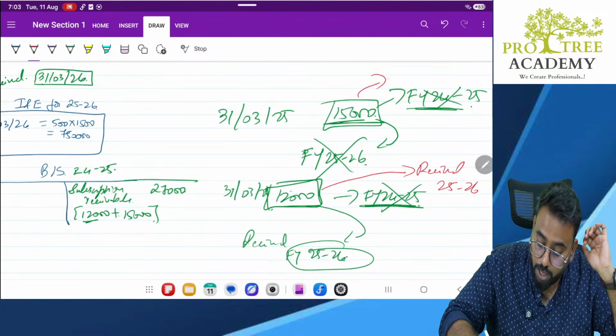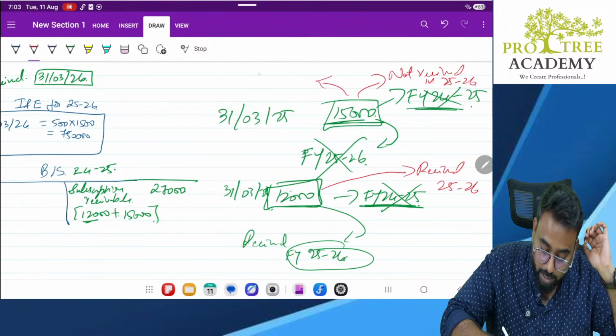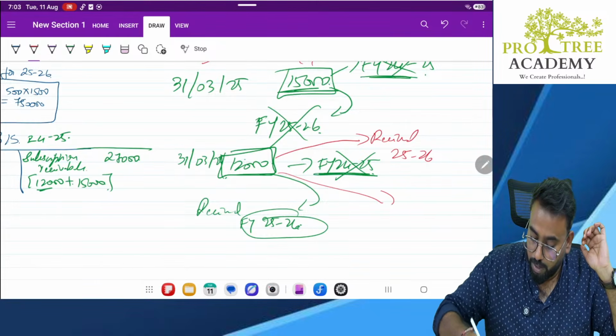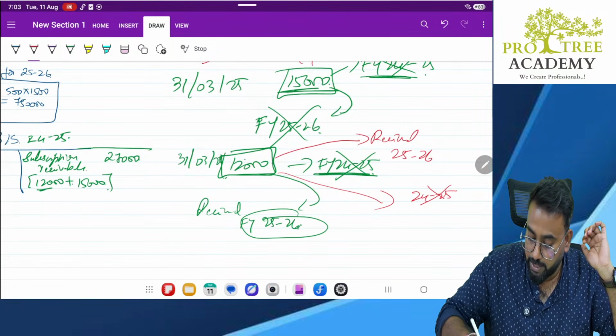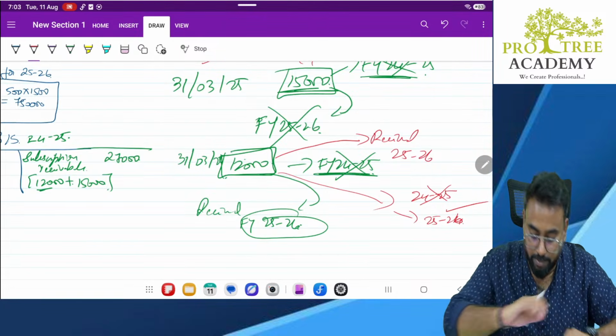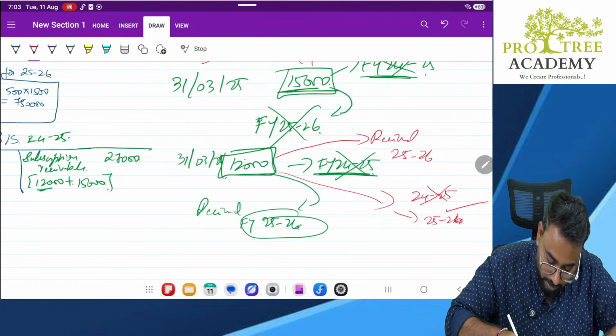This 15,000 not received in 25-26. So in this one, 24-25 also we didn't receive, 25-26 also we didn't receive. Here, 24-25 didn't receive, 25-26 received. Clear? Okay, now we will prepare the balance sheet for 25-26.